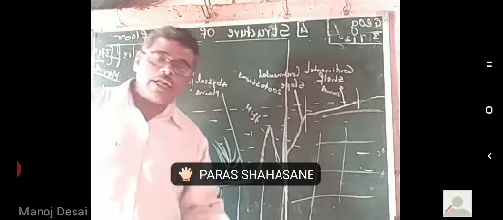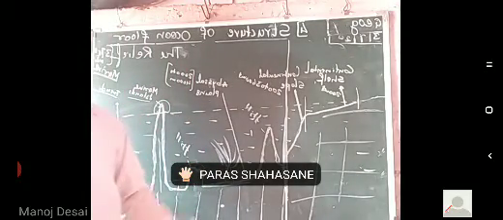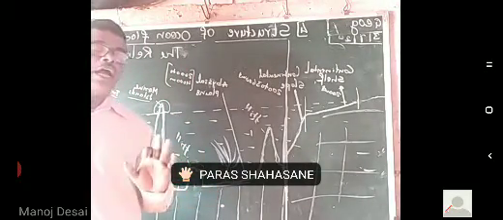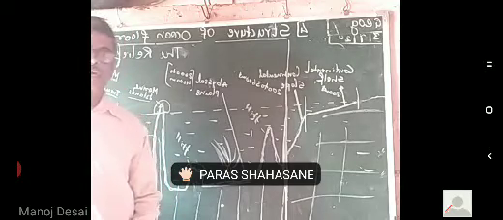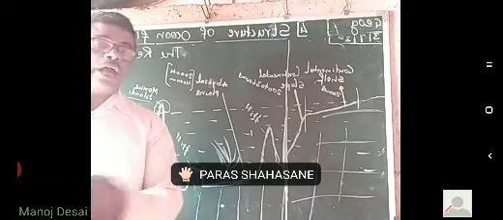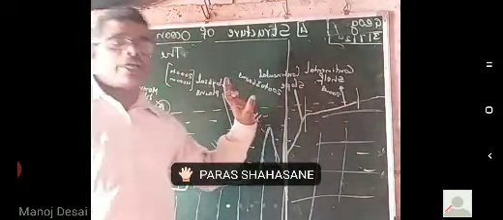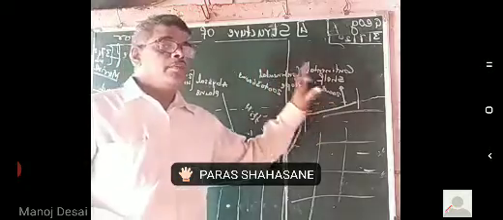We know that marine wealth is present beneath the sea, and we also know that the maximum biodiversity or living world is present beneath the sea. Living organisms present on the earth, more than that living organisms are present beneath the sea, that is in the water.